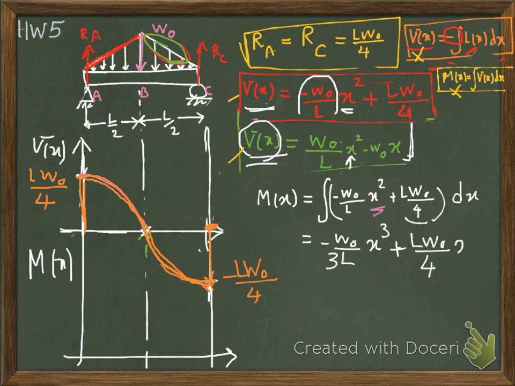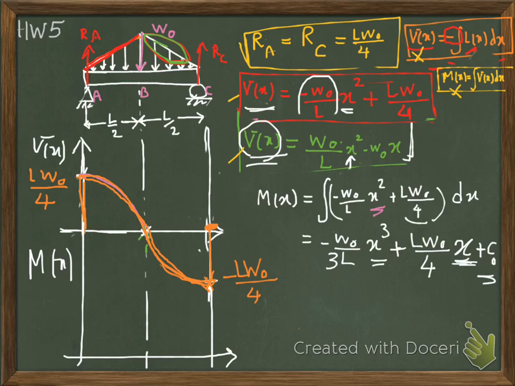A constant number integrates to first order in x, and then x cubed. Don't forget the constant, plus C0. Once again we have to find C0, so we will have a nice clean function of M.